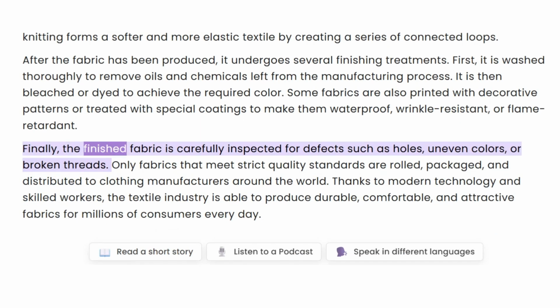Finally, the finished fabric is carefully inspected for defects such as holes, uneven colors, or broken threads.